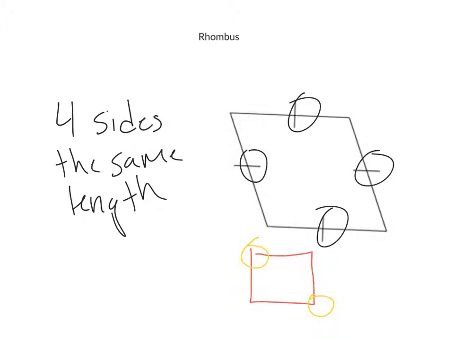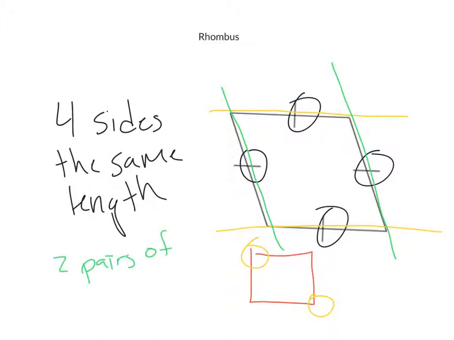But the top is parallel to the bottom, and the left is parallel to the right. So just like a square, it has two pairs of parallel sides. You'll see these little lines in here on the sides. Those are letting you know that all sides are the same length.